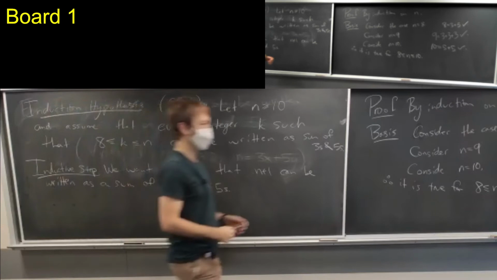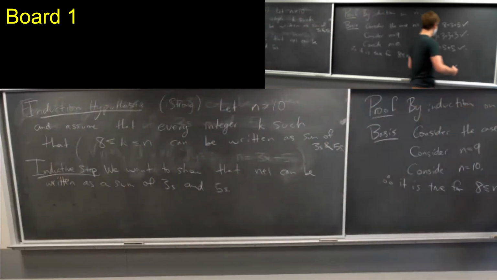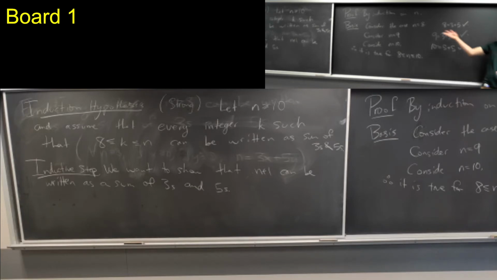Okay. So based on the kind of idea we were talking about here, does anyone have any idea how I'll do this? So if you think about it, imagine we're proving the case 11, right? n plus 1 is 11.